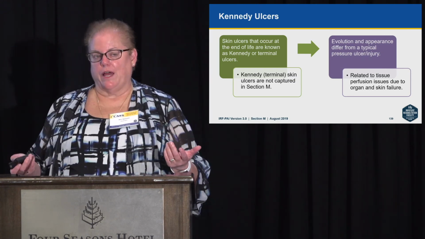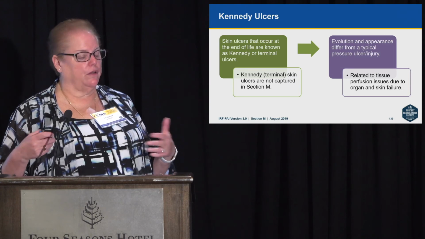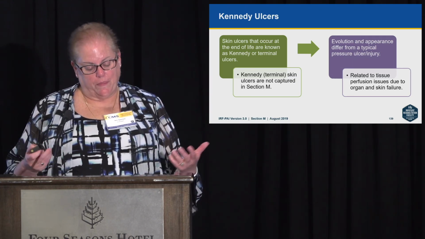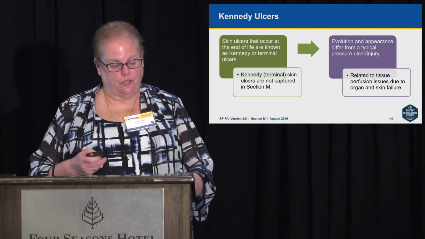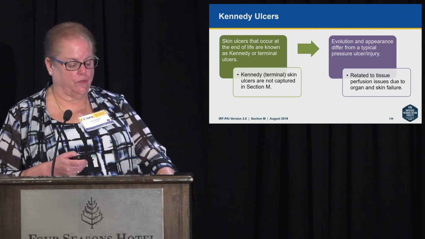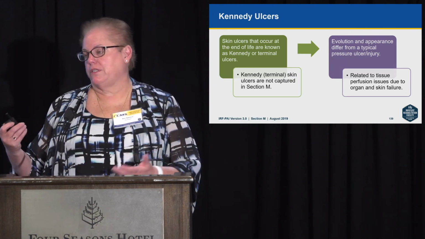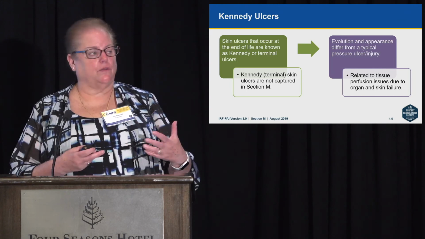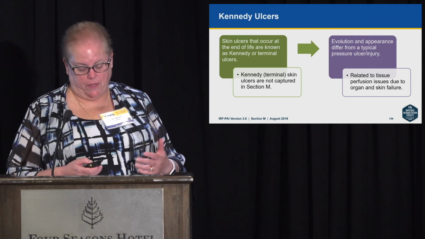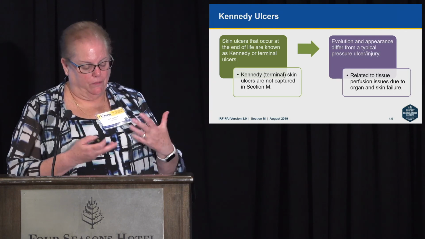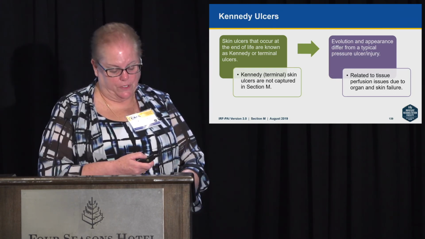But there's lots of great materials out there. If you Google some of this, there are some great pictures that you can use for education and training. Or if you actually have a patient who has an ulcer like this, and a newer nurse has not seen it, it is an opportunity to educate. Bring them in and let them take a look, as long as it's okay with the patient. It's a great thing to be able to see it yourself. You'll usually never forget what you've seen.